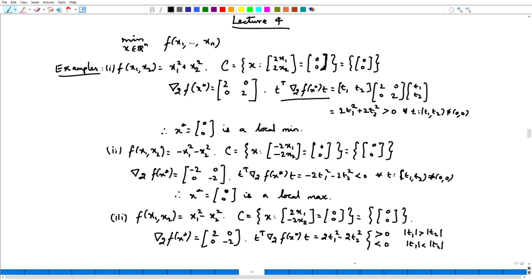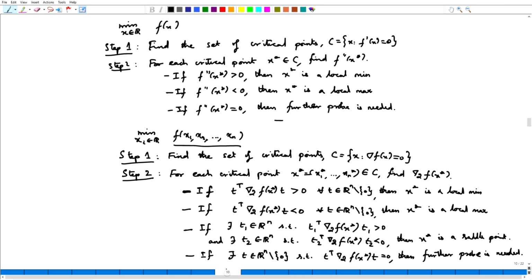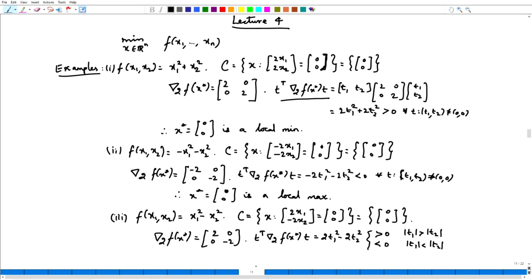So look at the third step: if you have a t1 such that t1 transpose del 2 f of x star t1 is positive, and a t2 such that t2 transpose del 2 f of x star t2 is negative, then x star turns out to be a saddle point. So in this case x star (0, 0) is a saddle point.